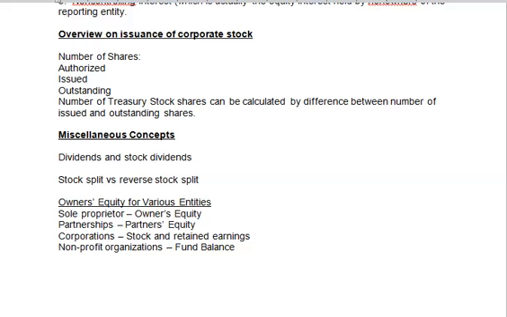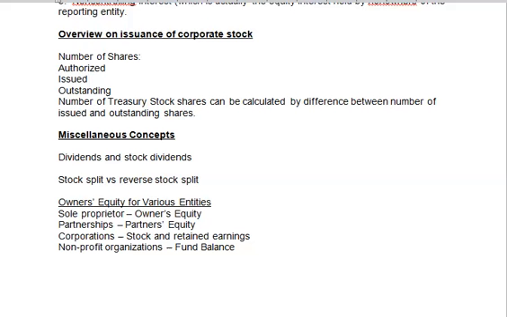Issued is the number of shares that you've actually issued, okay, let me correct this. The issued is the number of shares that are in the hands of the public. So why would there be a difference between the authorized and the number of issued shares? Well, we mentioned earlier that the corporation buys shares back.